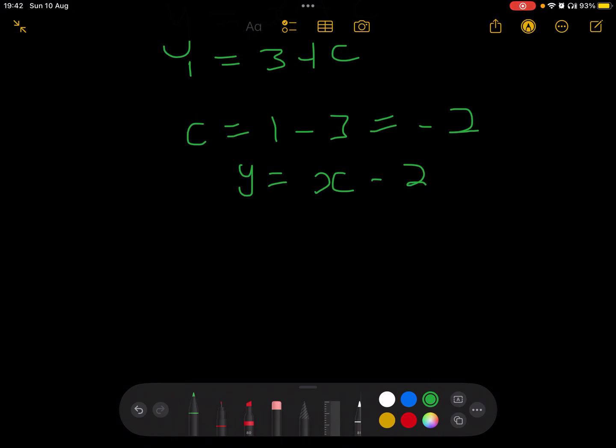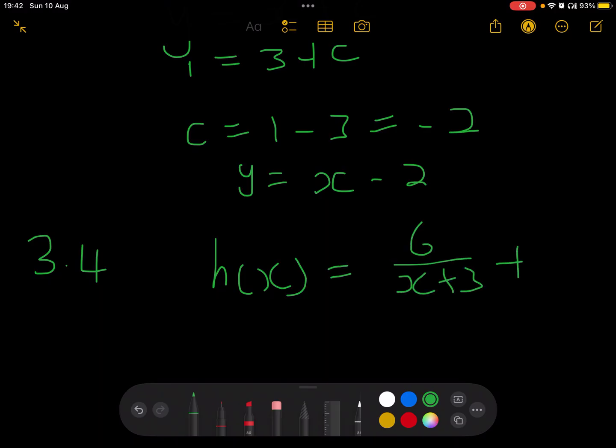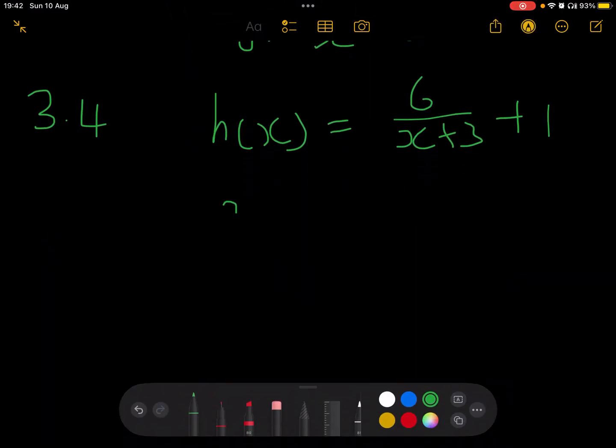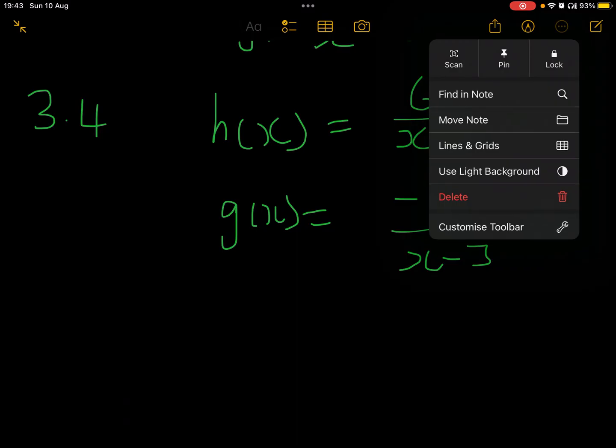So anyways, 3.4. So now we're looking at the transformation from g to h of x. So h of x is positive 6 over x plus 3, plus 1. And then our original function g of x is equal to negative 6 over x minus 3, plus 1.